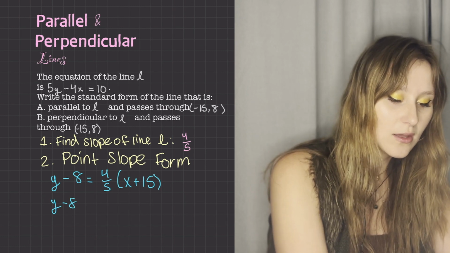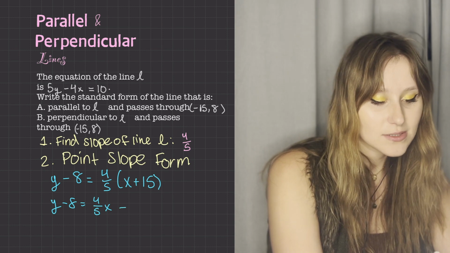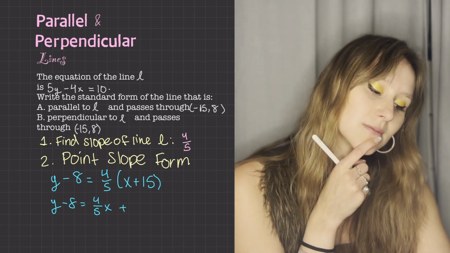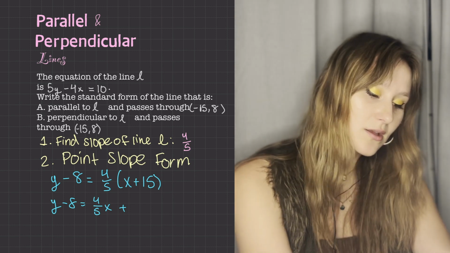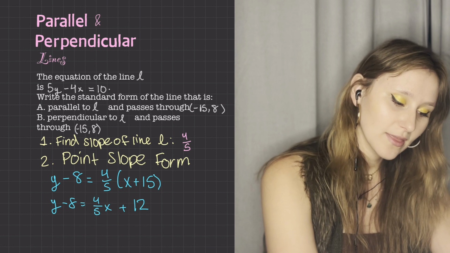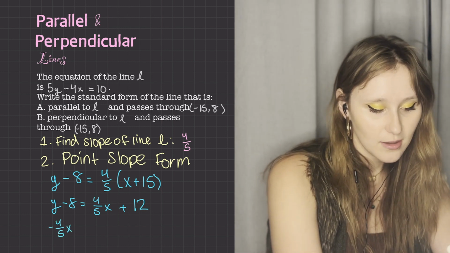Y minus 8 equals 4/5 x plus 15 times 4, 60 divided by 5 is 12. We're moving the x over to the left side, minus 4/5 x plus y.